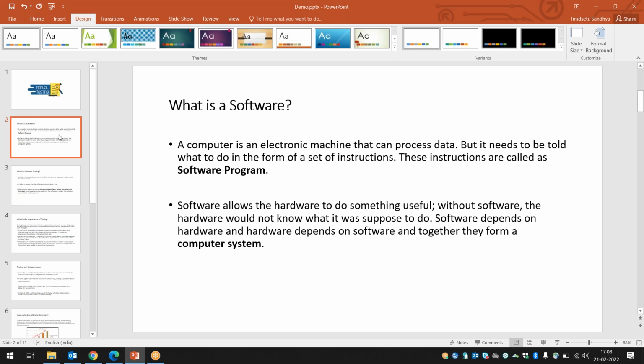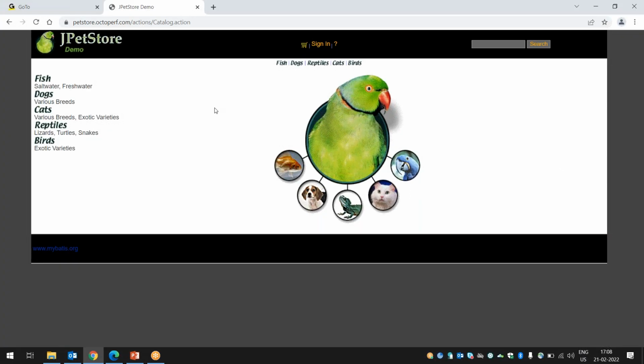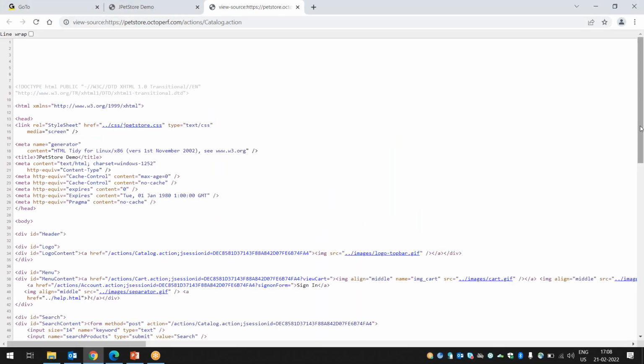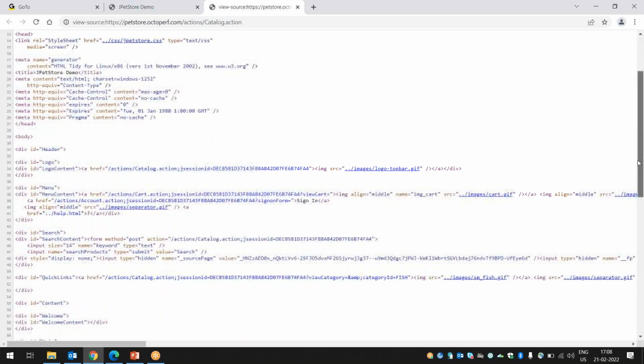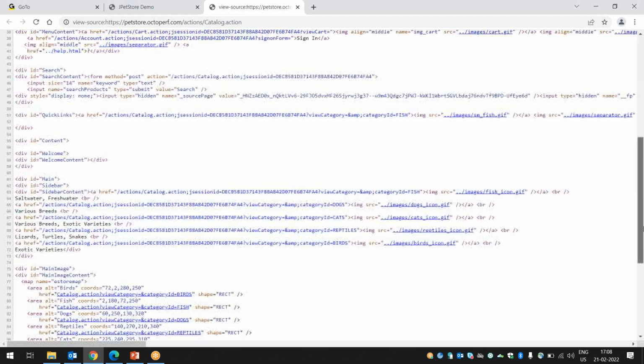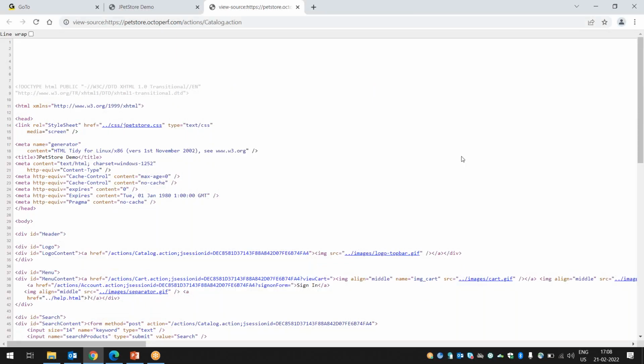Just as an example, this is a dummy application. If I click on view page source, every web application is built on a few programming languages, whether it could be .NET or Java or any other programming language. So to build any application, this collection of programs will be considered a software application.